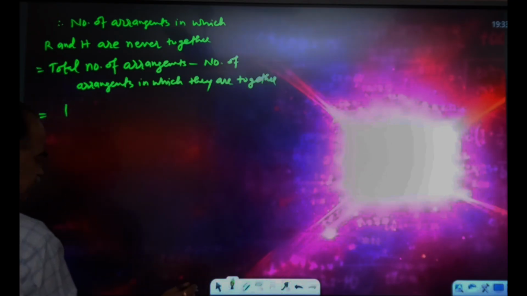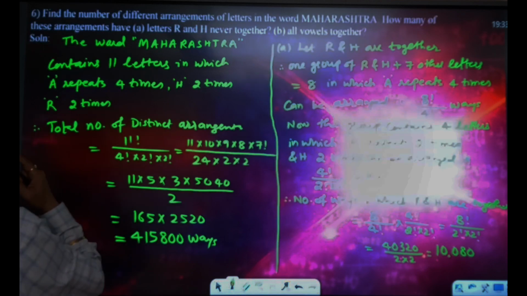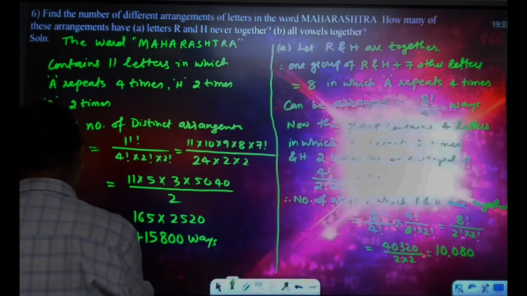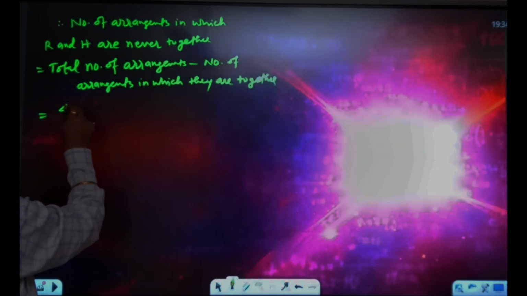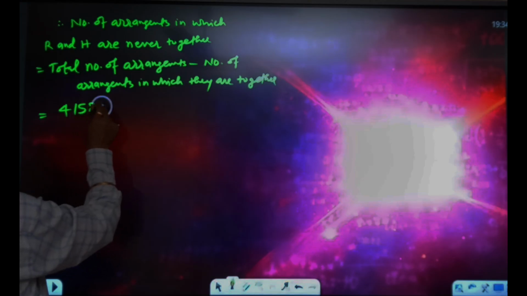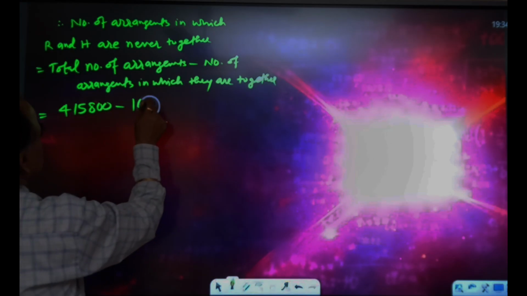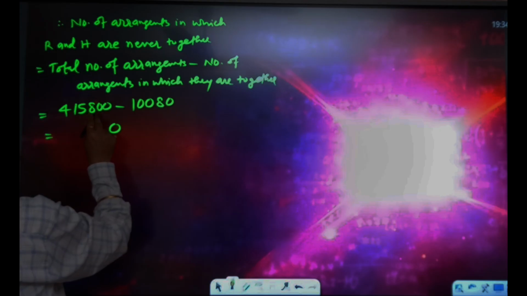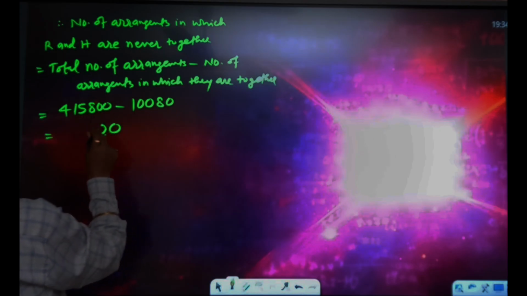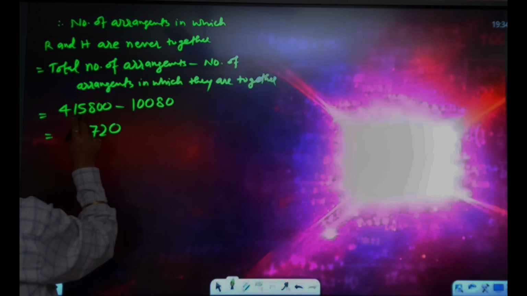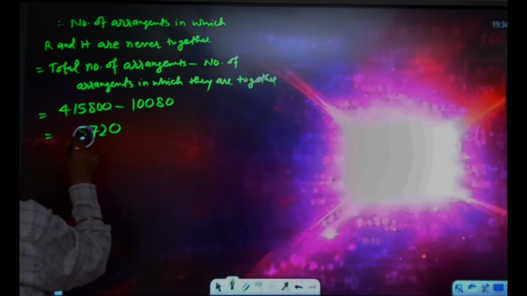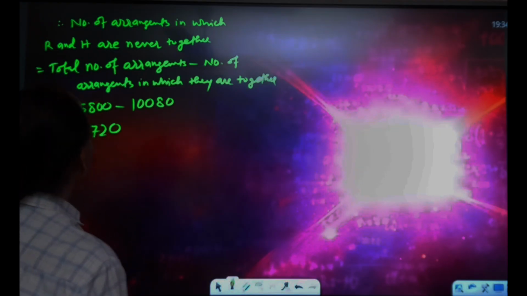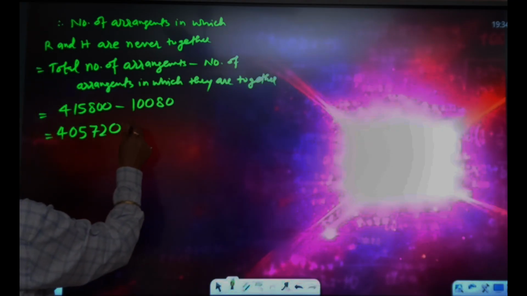Now it was 4,15,800 minus 10,080, which gives 4,05,720 ways.